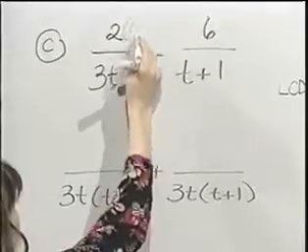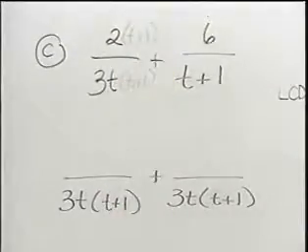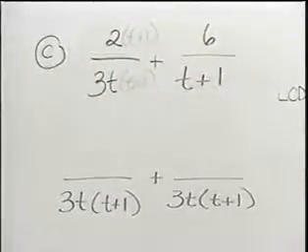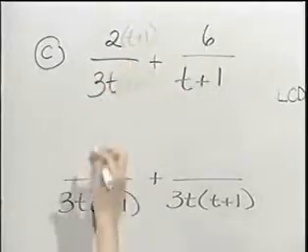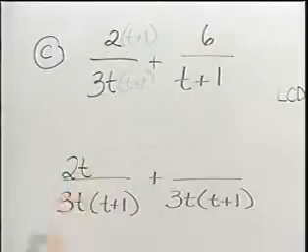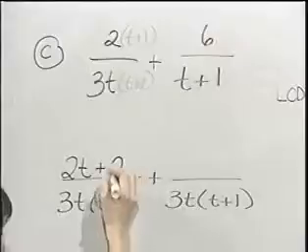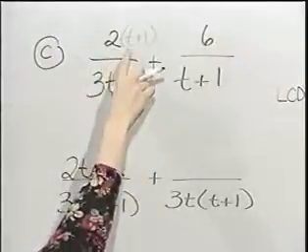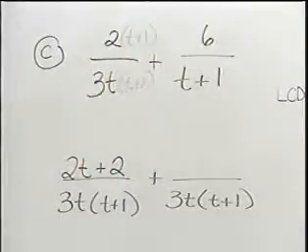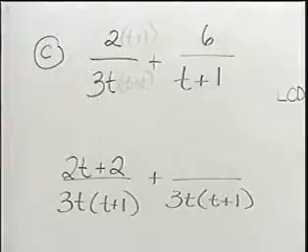And if we do that to the denominator, we need to do that to the numerator. So on the top, we are going to have 2t, right, distributive property here, plus 2. 2 times t plus 2 times 1, so that's 2t plus 2.